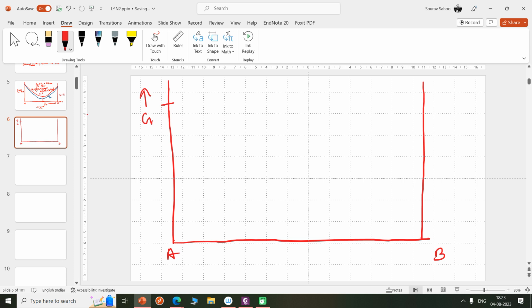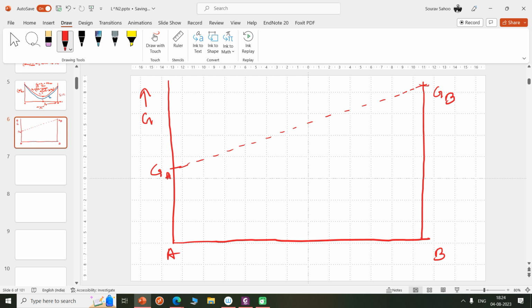So the molar free energy will look something like this. Initially there will be a certain amount of free energy intrinsic to A, and a certain amount of free energy intrinsic to B, right? This is in the intrinsic state, we will not mix them yet, and this is how the rule of mixtures tells us.